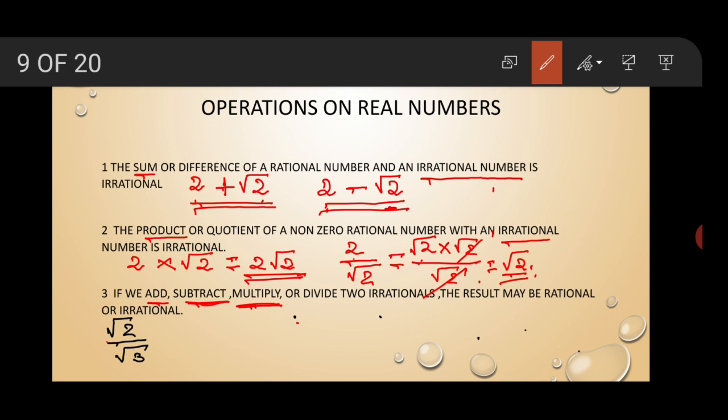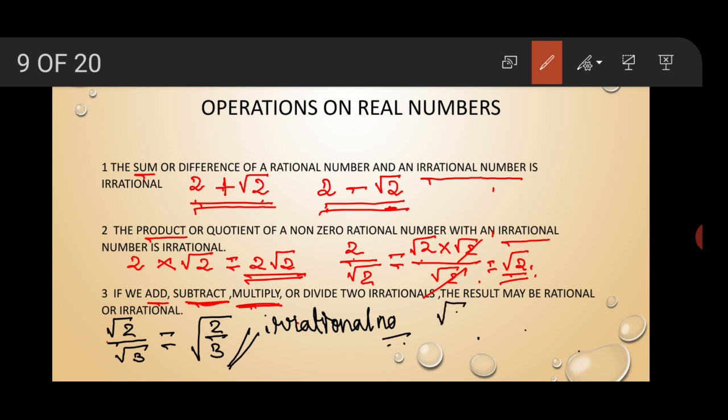What is the result, or quotient? Root 2 divided by root 3, I can write in this way also, is equal to square root of 2 by 3. Now what type of number is this? Because it contains the square root sign, it is an irrational number.